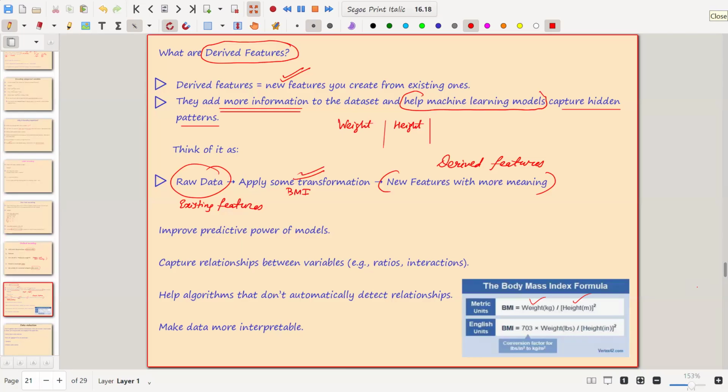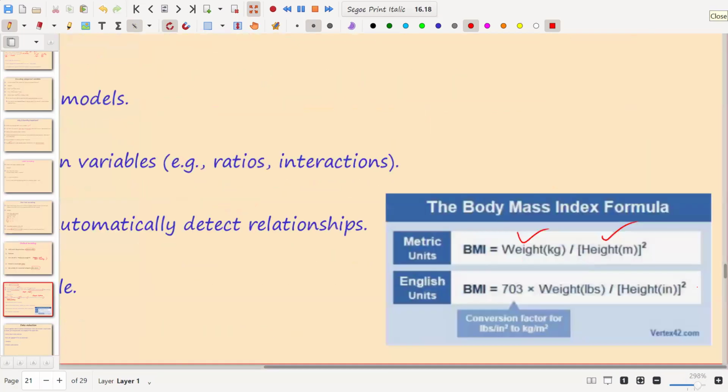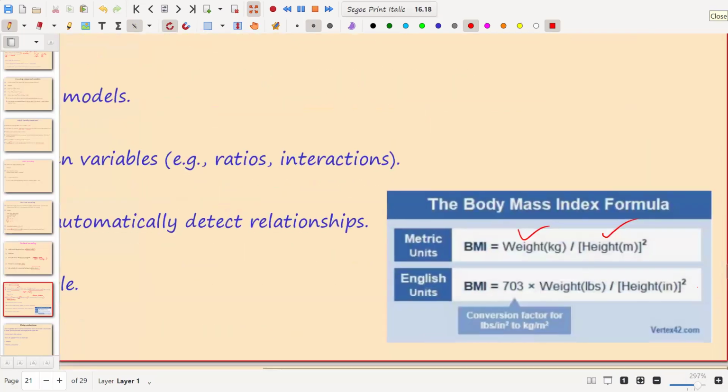You can see the formula over here: weight divided by height squared. So weight and height are my old features. I applied just a transformation, weight divided by height squared, and I created a new feature, that is BMI. And this feature is more meaningful than the past features of weight and height.